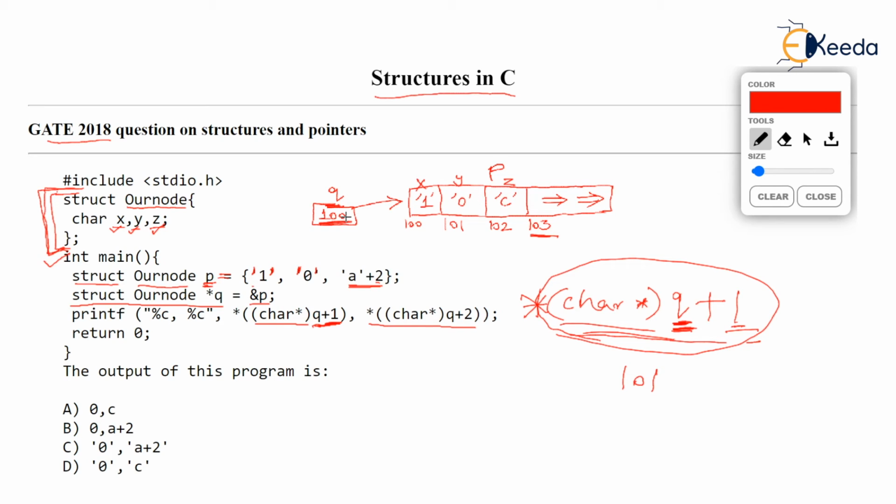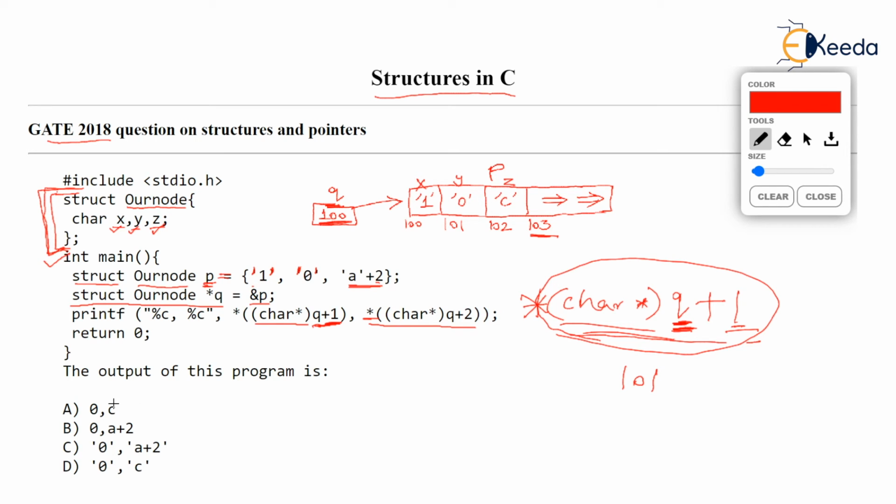That means we are now going to get address 102, and we have put an asterisk before this address. So we are going to get the value at that address, which is C. So the two outputs due to this %c and this one where I am pointing the mouse are going to be 0, C. Let's check the options.